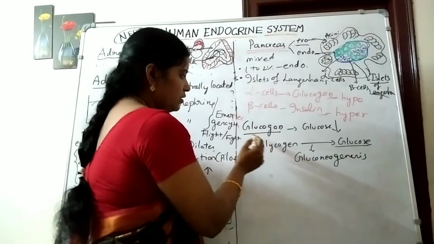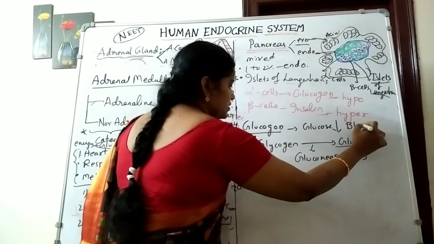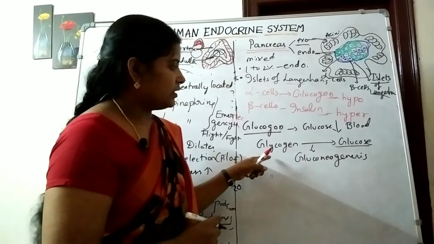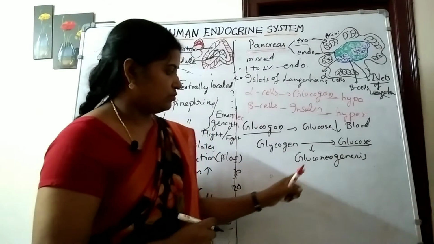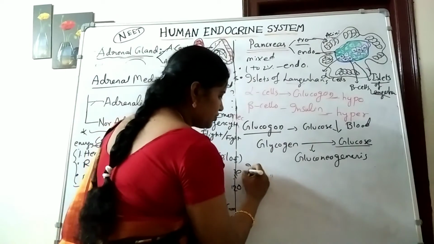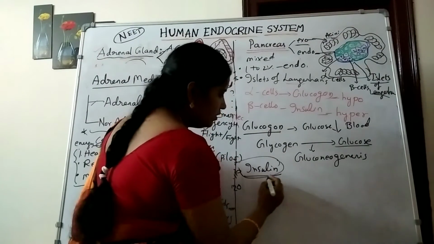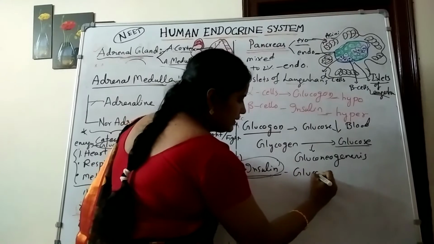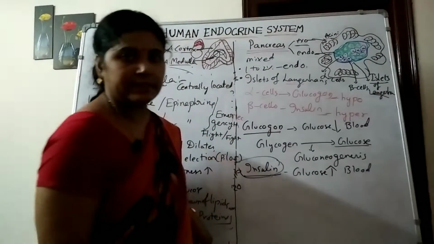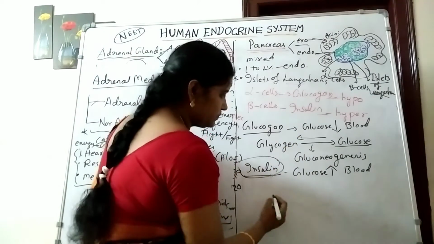When the glucose levels decrease in the blood, the glycogen molecules in the liver are going to break down into glucose molecules. Then the second situation, insulin, very important. When glucose levels increase in the blood, the reverse process takes place.